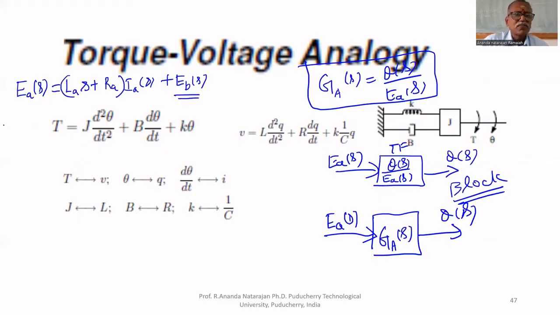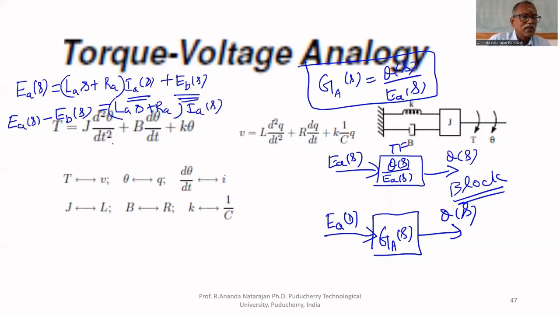This is separate. So instead of combining, because it is a different variable, what I can do is put EA of S minus EB of S as one variable equal to LA S plus RA multiplied by IA of S. Let us assume that IA is the output.